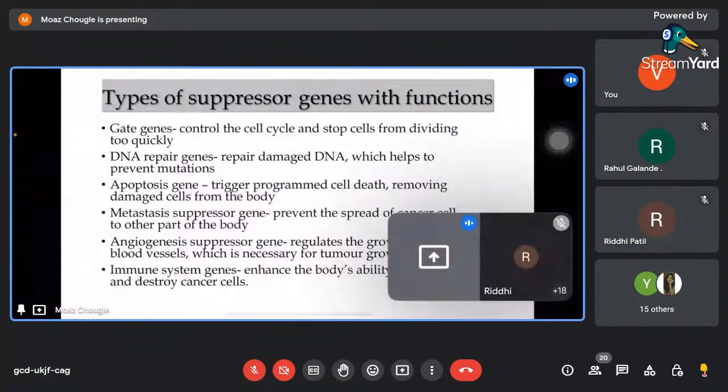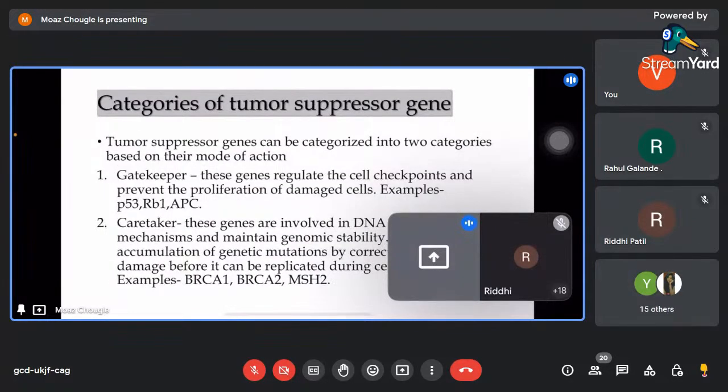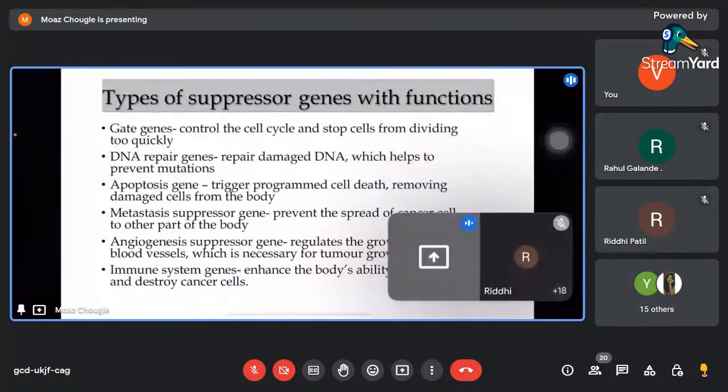Types of suppressor genes with functions. The gatekeeper, as in the previous slide, prevents proliferation of damaged cells. They control the cell cycle and stop cells from dividing too quickly. DNA repair genes repair damaged DNA, which helps to prevent mutation.